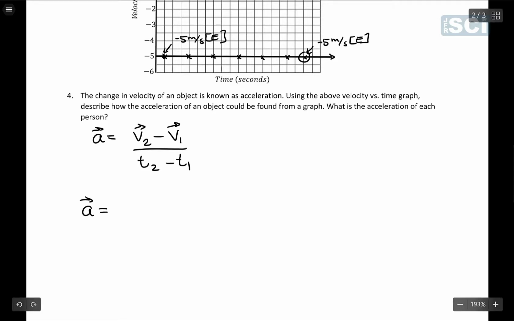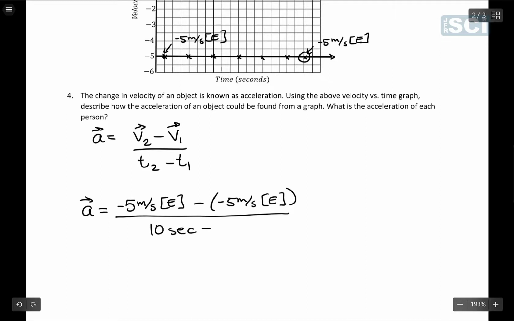So we should see that their acceleration doesn't change. Negative 5 meters a second east, subtract negative 5 meters per second east, and if I divide that by any times, let's say 10 seconds minus 1 second, it really doesn't matter what the denominator is, what 2 points you chose on that horizontal line, because the numerator is going to give you 0 meters per second, and you're going to divide that by 9 seconds, and you're still going to get an acceleration of 0 meters per second squared.